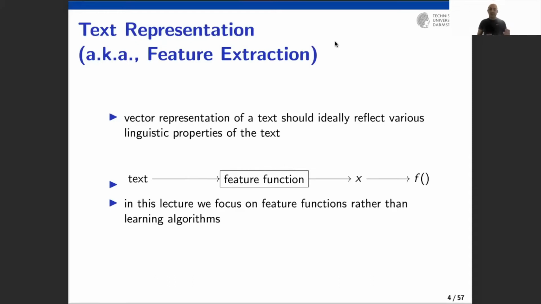In lecture 3, we discussed learning algorithms, and we saw how we can train a neural model using backpropagation, and how we can recast a machine learning algorithm as an optimization problem.